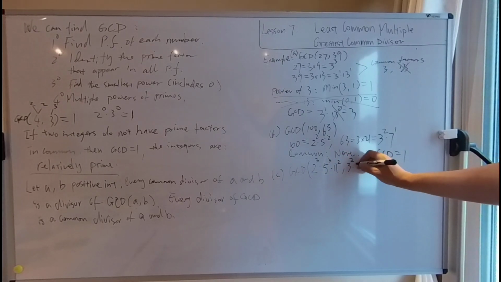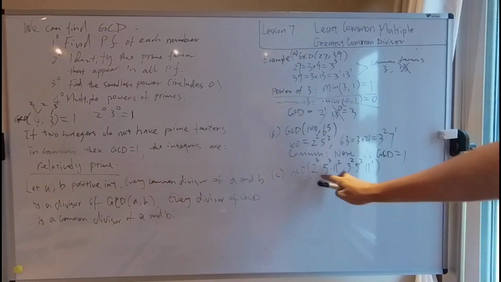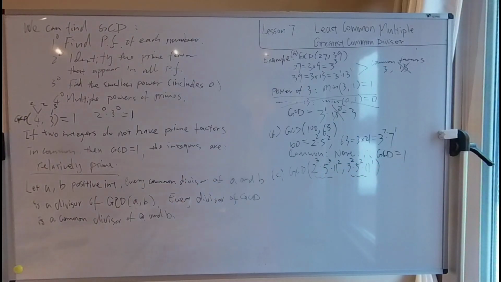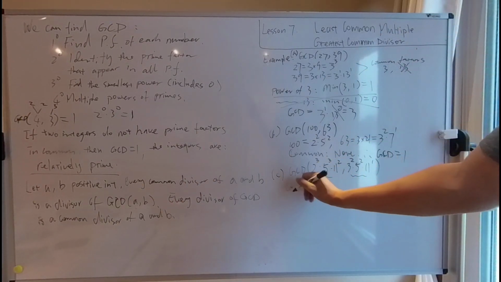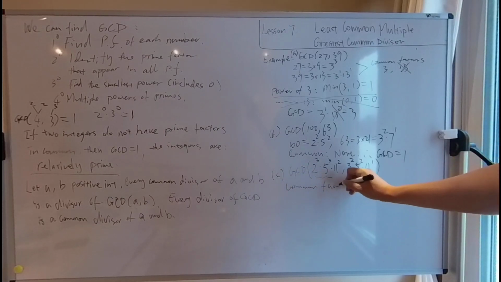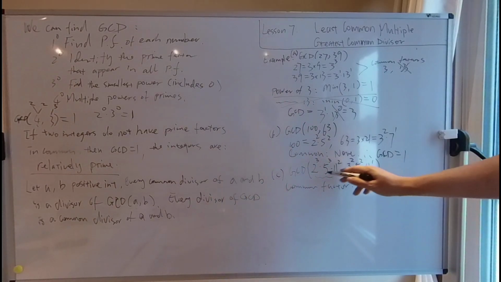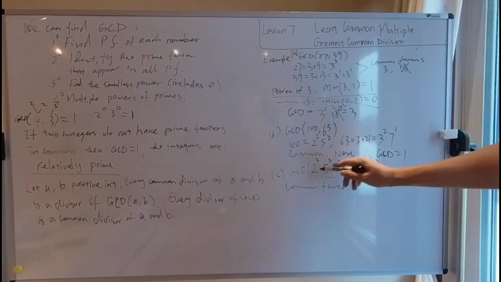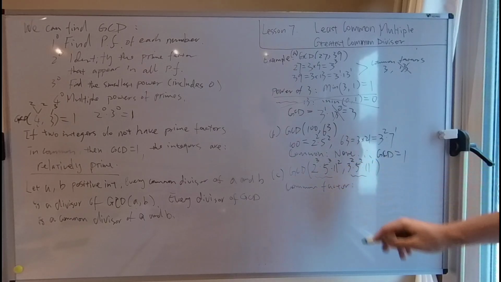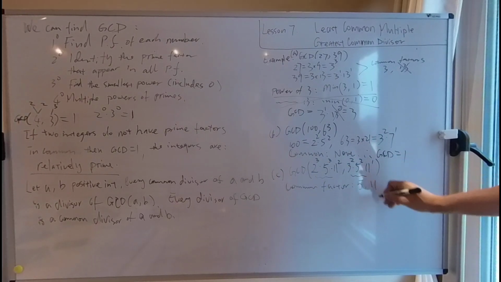So the first step, check what are the common factors. Is 2 in common? 2 is not, because the second number doesn't have a factor of 2. Is 3 in common? For 3, the first number doesn't have a factor of 3. 5 is in common, and 11 is in common.